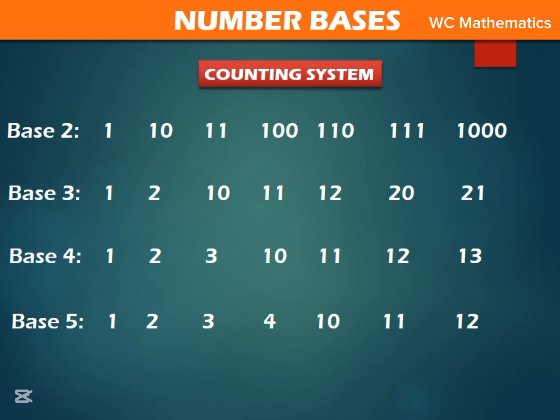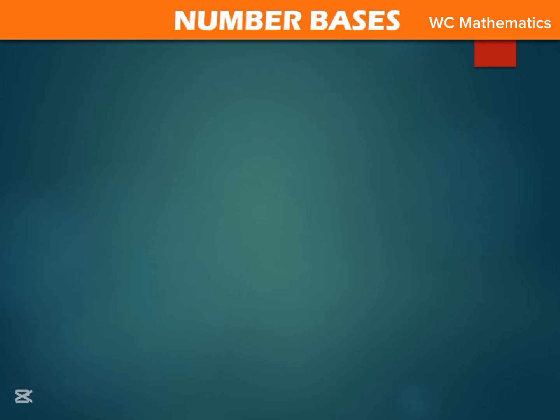And then let's look at base 10. Base 10 will be the normal counting procedure: 1, 2, 3, 4, 5, 6, and 7. So that's the counting of the first 7 figures in these bases.